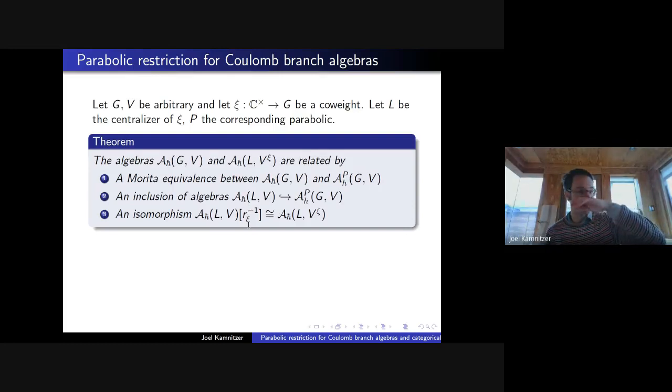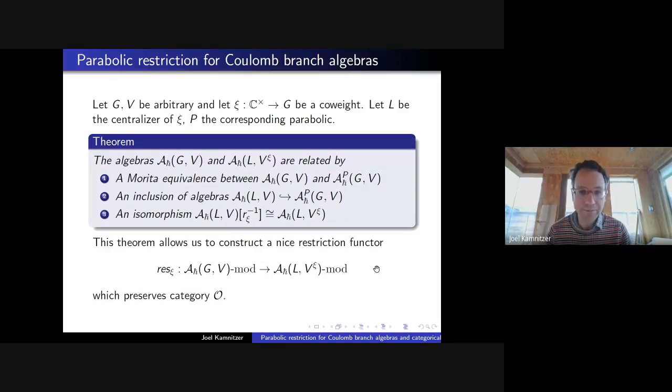So RC is a homology class living over that point in the affine Grassmannian. That single homology class gives you an element in this algebra, and if I invert it, then I get this isomorphism.